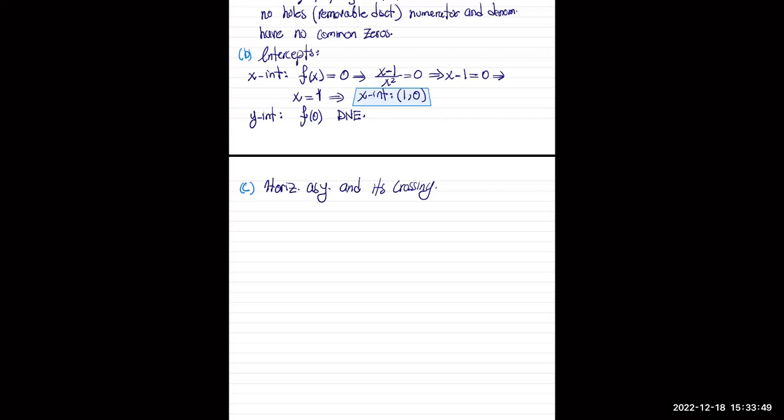The horizontal asymptote is the end behavior. It's the horizontal line that the graph approaches in the long run. And as it approaches, it can intersect that horizontal asymptote many, many times. Let's say this is a horizontal asymptote.